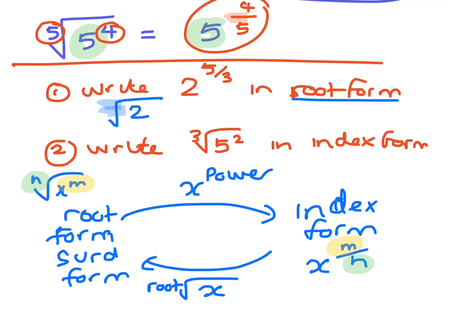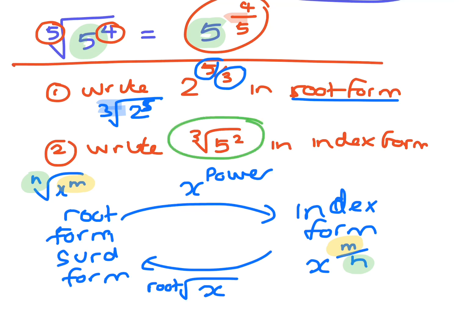So you go root 2. The 5 is on the top, so what's on top stays on top. So 5 will stay on top, so that goes in there. And the 3 is at the floor, so the 3 needs to be at the door.